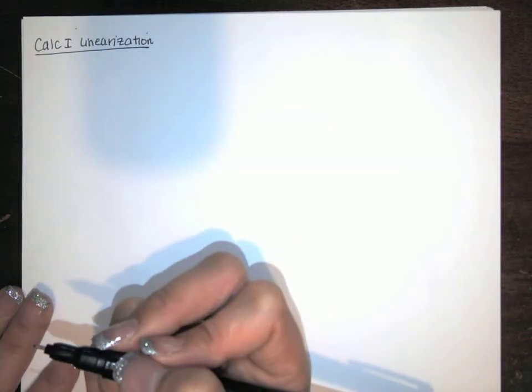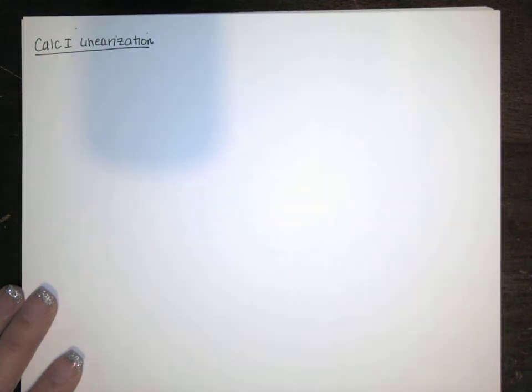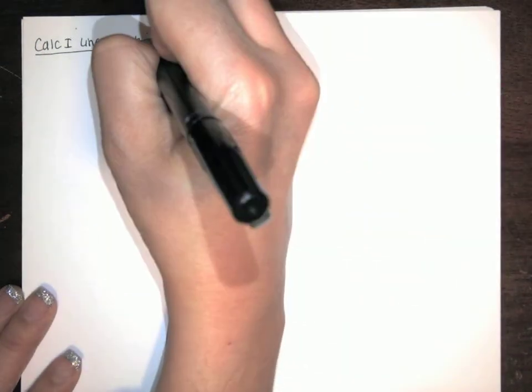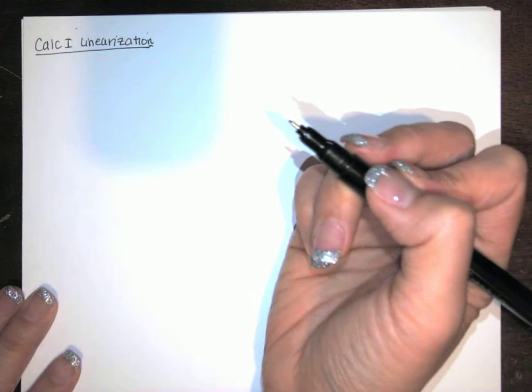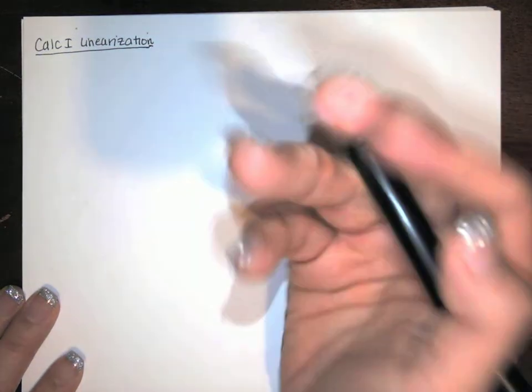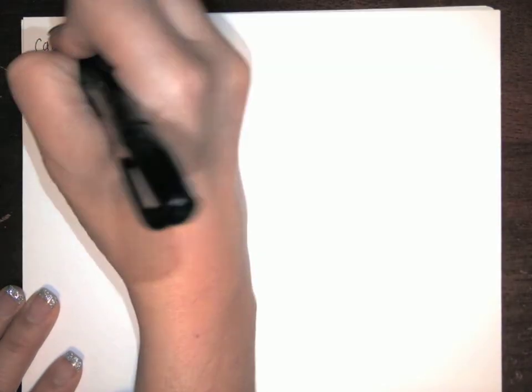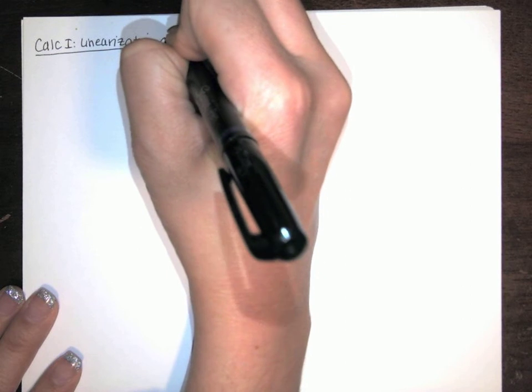When someone asks you for the linearization of a function in Calculus 1, all they meant was look at the graph and then find a tangent line at that point. So they couldn't just say find the linearization of the function. They'd say find the linearization at a particular point. So at x naught.